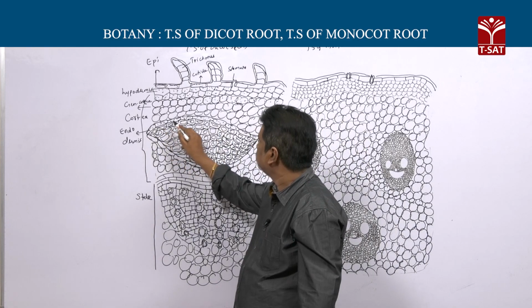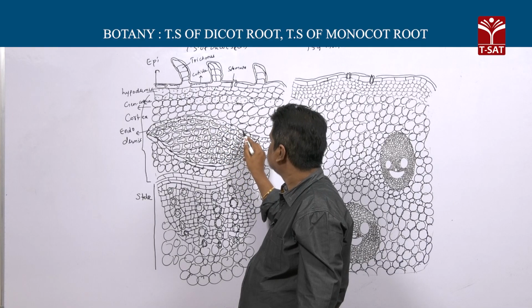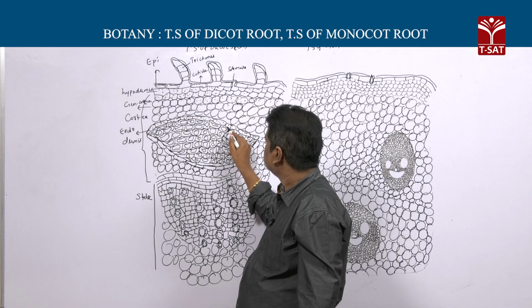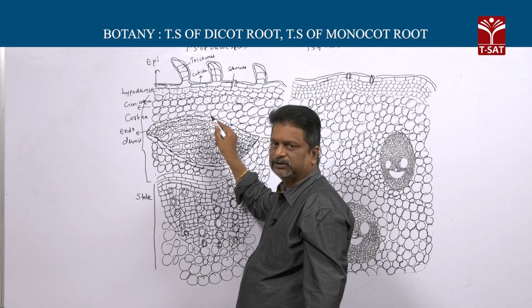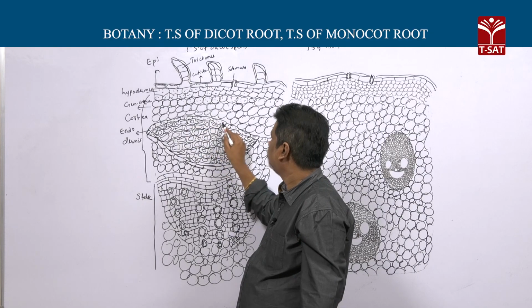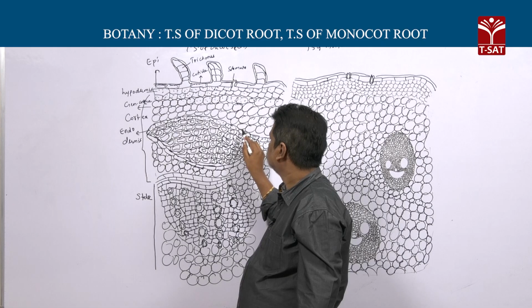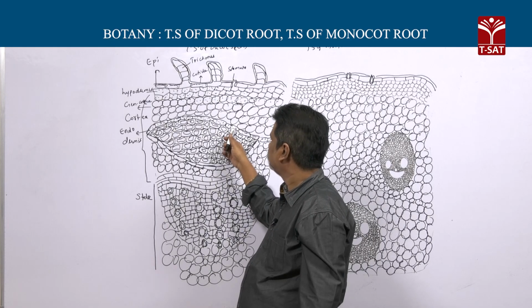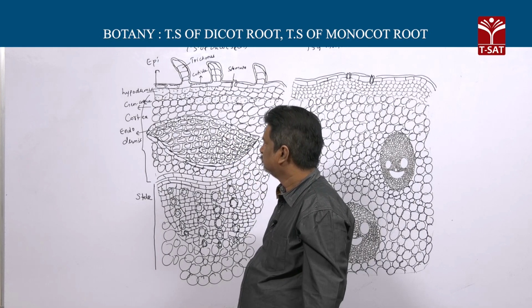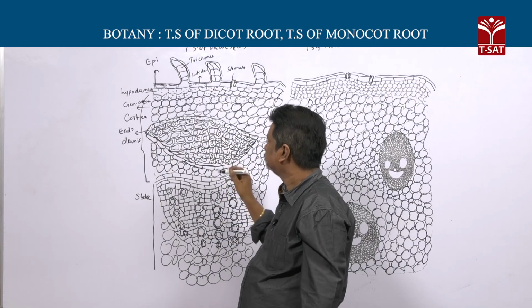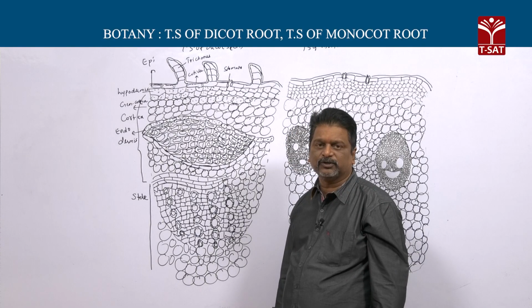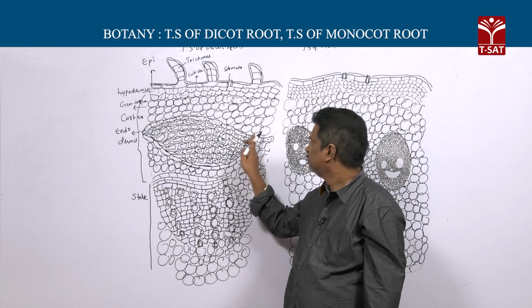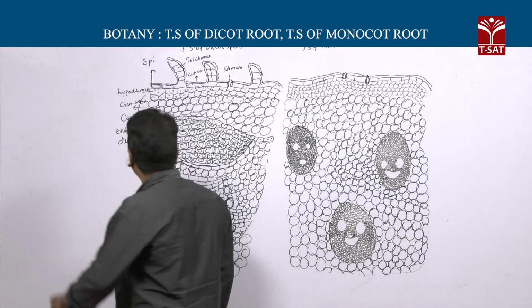Then next one, endodermis. Endodermis is the innermost layer of the cortex. Endodermis is generally unilayered and cells have ligno-suberin thickenings, called Casparian thickenings. Then intercellular space is absent. Then here in dicot stem, that endodermis stores starch, hence this endodermis is called starch sheath.